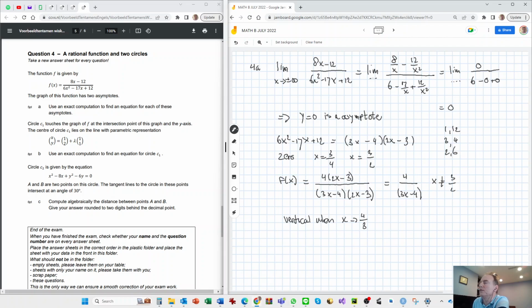And what happens when x reaches 3 over 2? Well, it's not defined at 3 over 2. But the limit is finite. The limit is actually given by 4 divided by (3 times 3 over 2 minus 4). It's some finite number, so it's definitely not an asymptote.